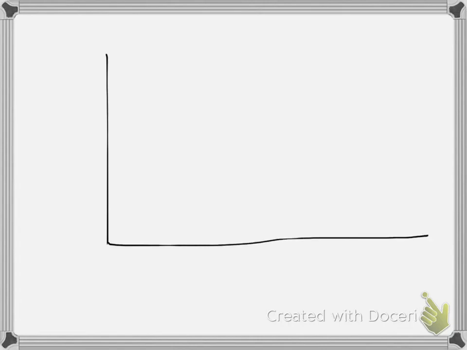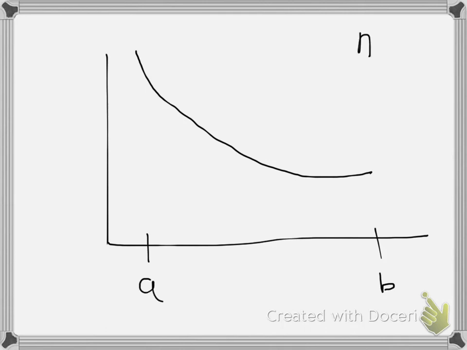Now the third type. Wow, that's a horrible axis. Let's say we had a graph that looked, oh, I don't know, let's make it go like this. Here's B, here's A, and let's stick with n equals 4.